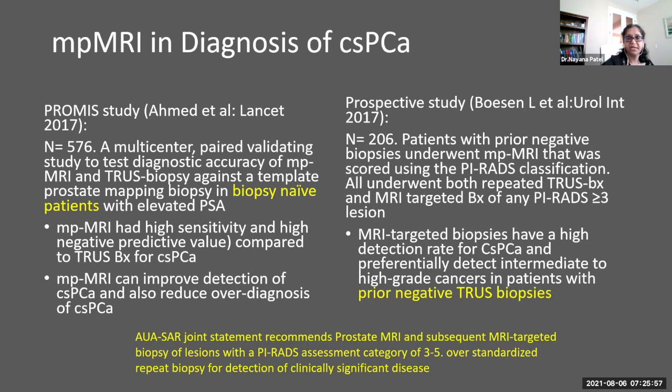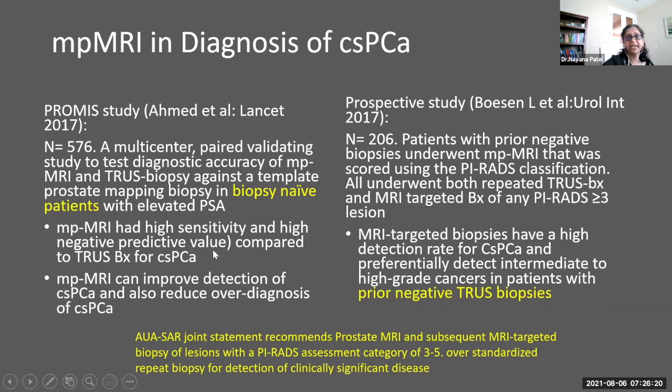But this PROMISE study, which is level 1 evidence, compared transrectal ultrasound biopsy with multiparametric MRI in patients with elevated prostate specific antigen who never had a prostate biopsy before.